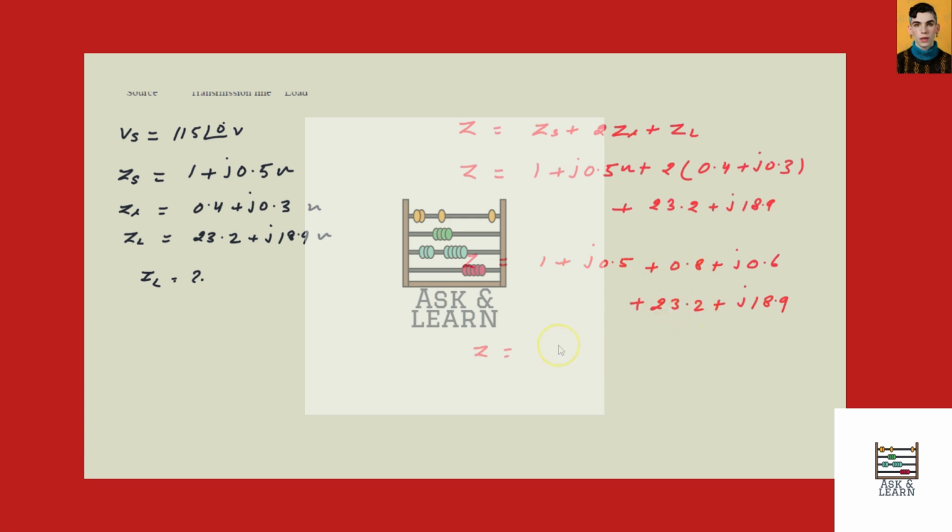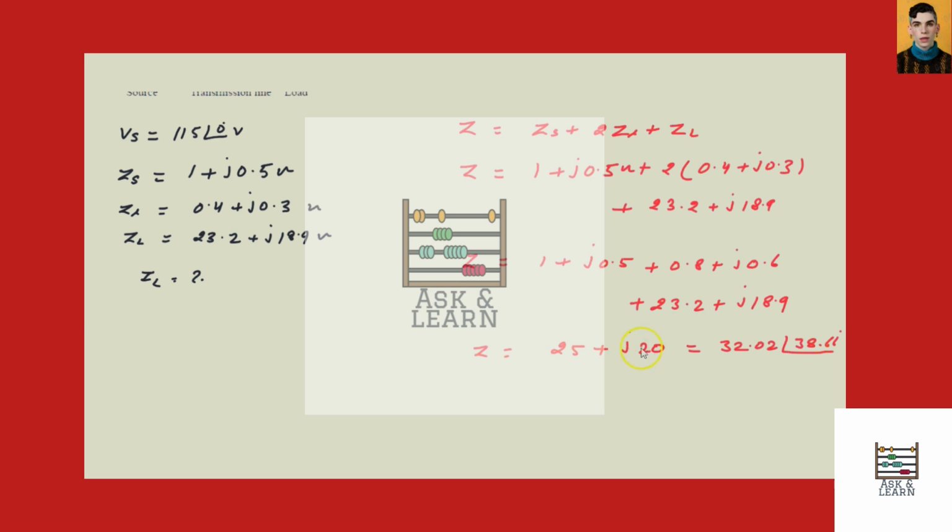So the effective real value is 25, plus the summation of the imaginary part, so it is j20. This is the complex form. If we convert it into polar form, the value will be 32.02 angle 38.66 degree.